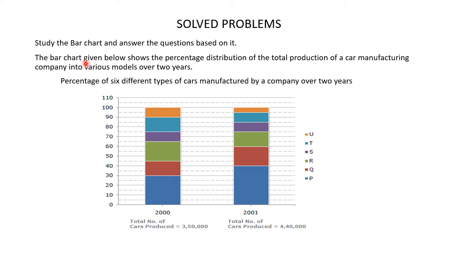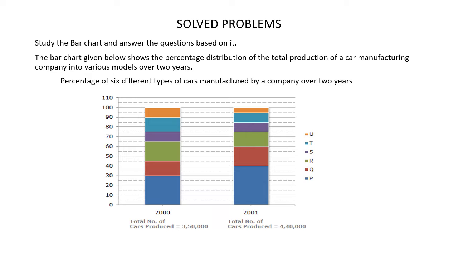Anyways, this bar chart shows the percentage distribution of the total production of a car manufacturing company into various models over 2 years. Now let's understand how to interpret this subdivided bar graph.